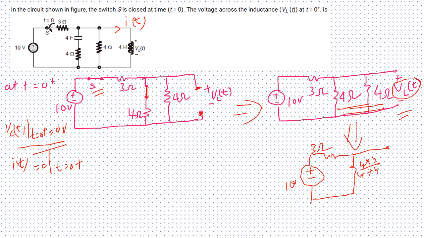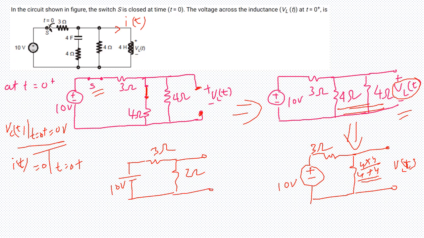And we need to find this voltage VL of t. Further modifying the circuit, it has 10 volts, 3 ohms, and this resistor, if you calculate it, comes out to be 2 ohms, and this is the voltage we need to find, VL of t.